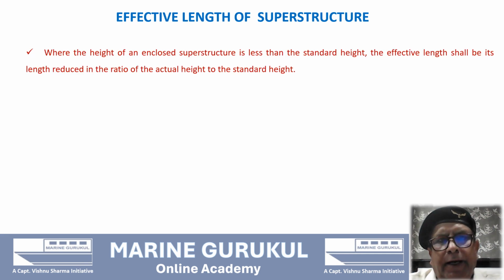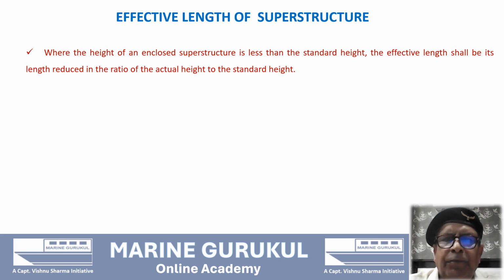Where the height of an enclosed superstructure is less than the standard height. So you have an enclosed superstructure, but it's not meeting the criteria of standard height, it's falling short of it. In such a case, the effective length shall be the length of superstructure reduced in the ratio of actual height to standard height.